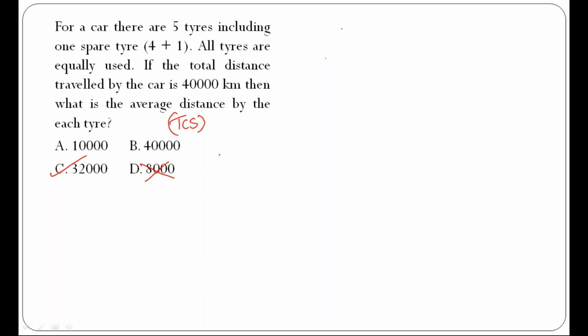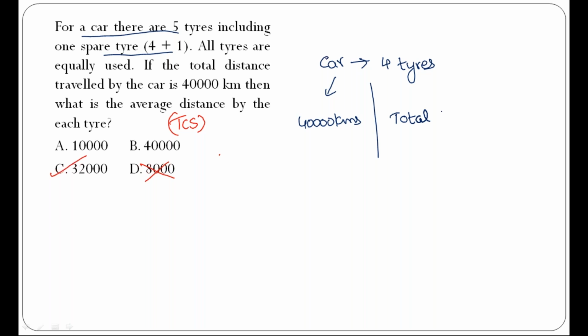Okay, say this. Car is having four tyres. At a time, we'll use four tyres for the car, right? They have given clearly in the question: a car is having 4 plus 1, 4 tyres plus 1 spare tyre. Okay, fine. Now, the car traveled 40,000 kilometers. In the sense, what is the total distance traveled by 4 tyres?